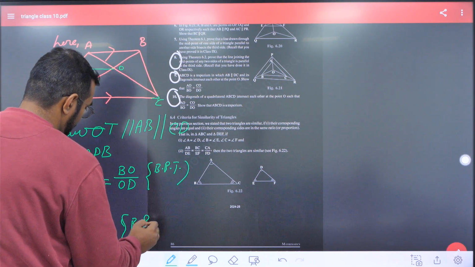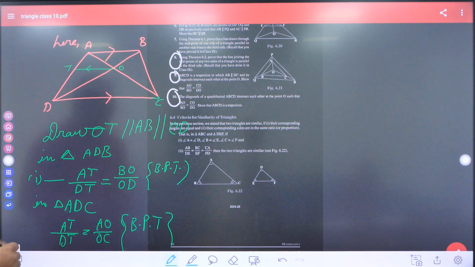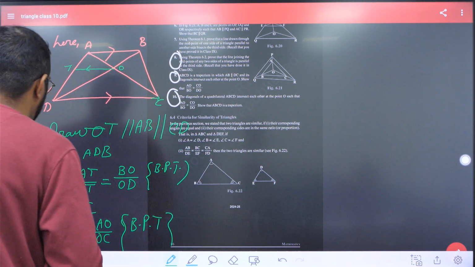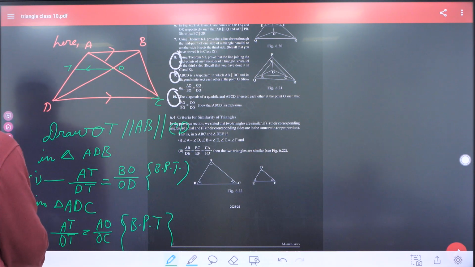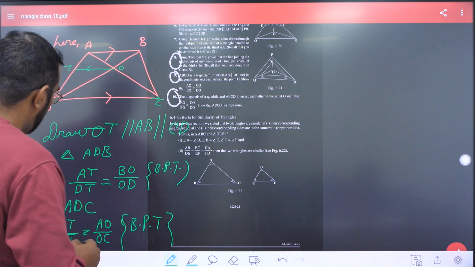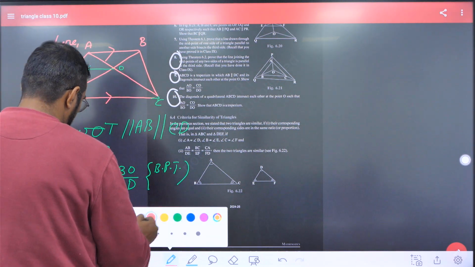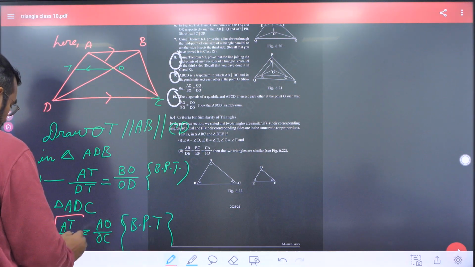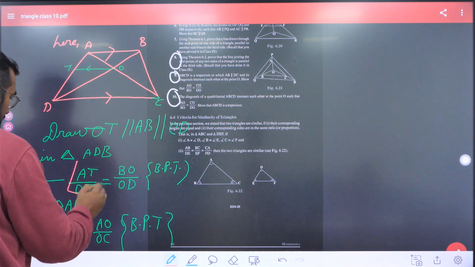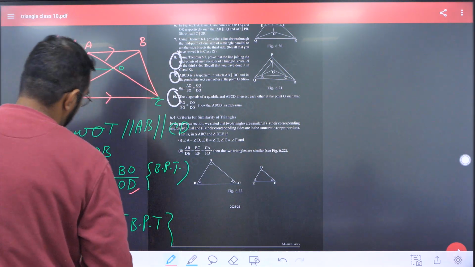By BPT. Make it equation second, and by first and second you can write AT upon DT is equal to BO upon OD and AO upon OC.